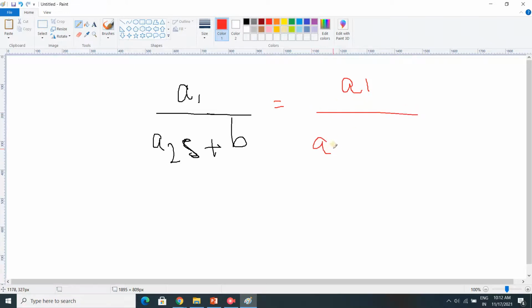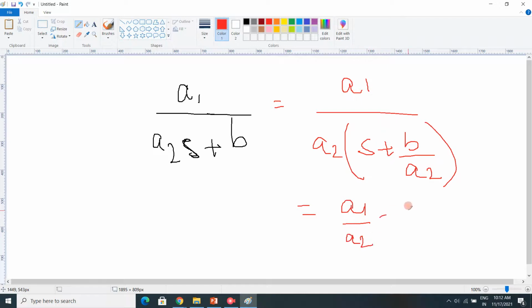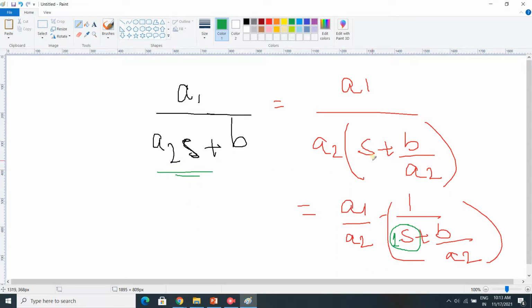So we take a2 as common, and it becomes a1 by a2 into 1 by s plus b by a2. You can see we are focusing on this part. Over here we always represent s with 1. That means we don't want anything associated with s.